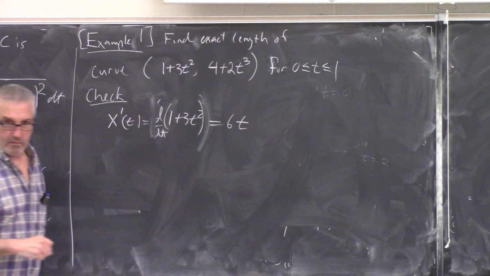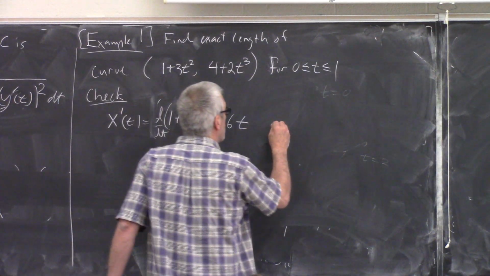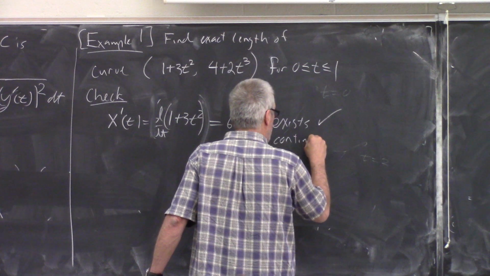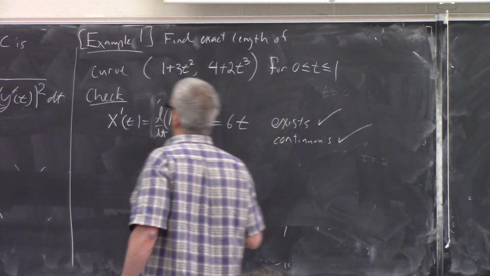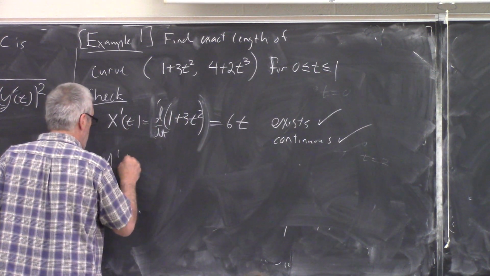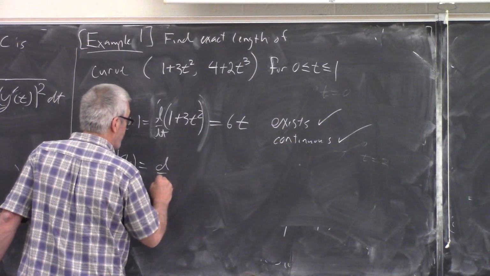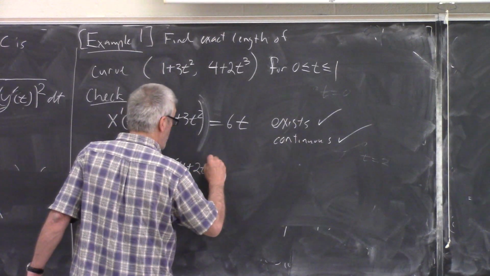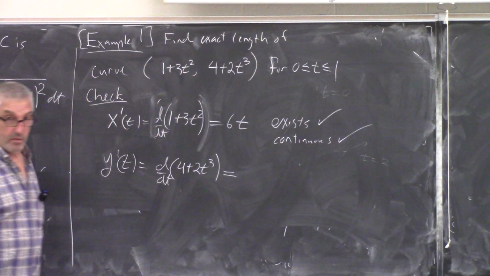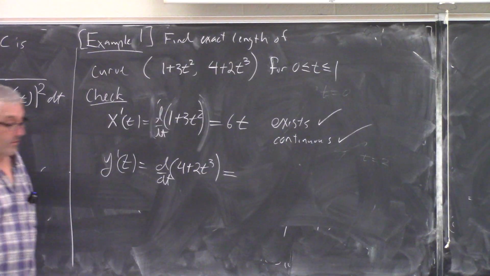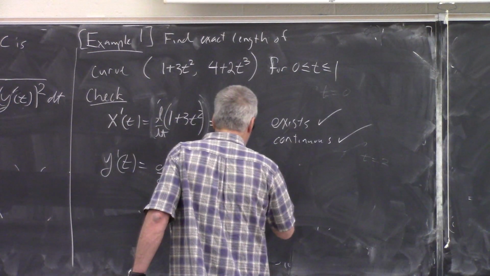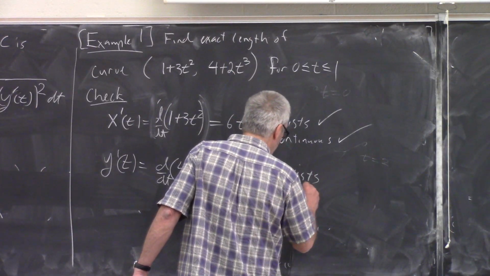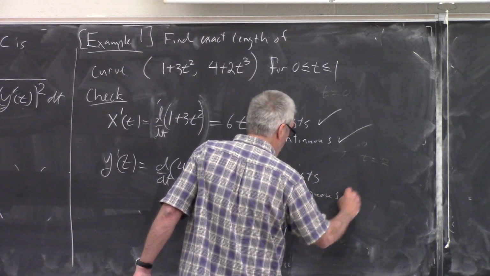And that exists, and it's continuous. Okay, what about y prime of t? Well, that's going to be the derivative of 4 plus 2t cubed. What's that derivative? Marcy? 6t squared. 6t squared. So that exists. It's continuous. Great.